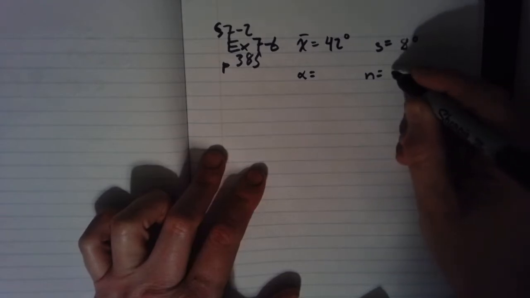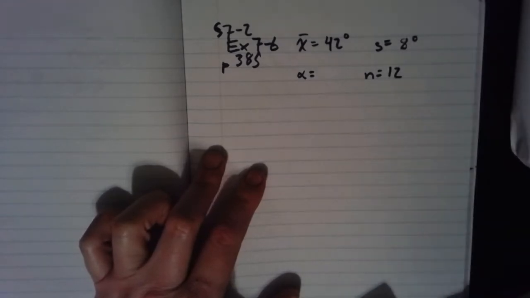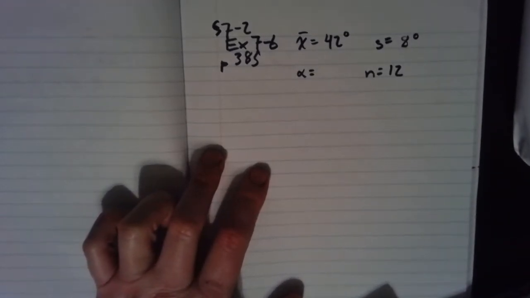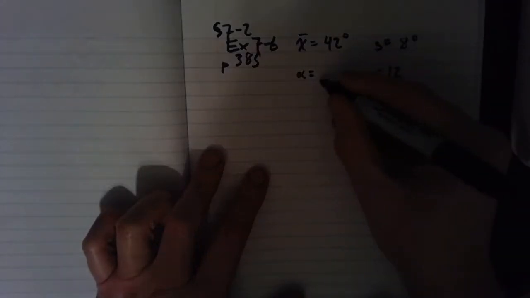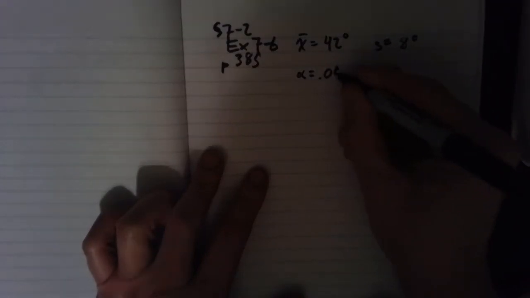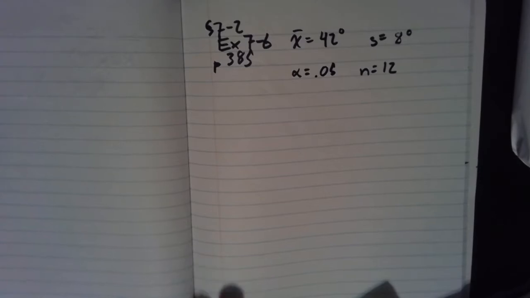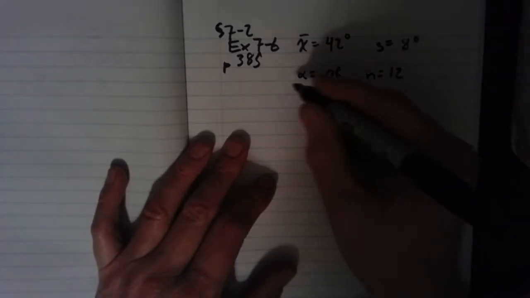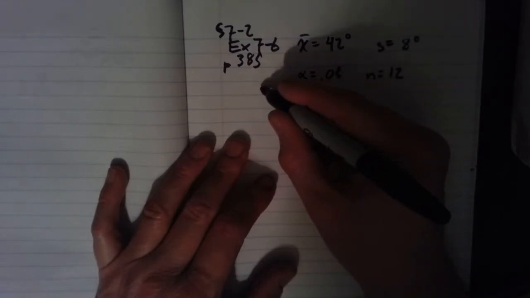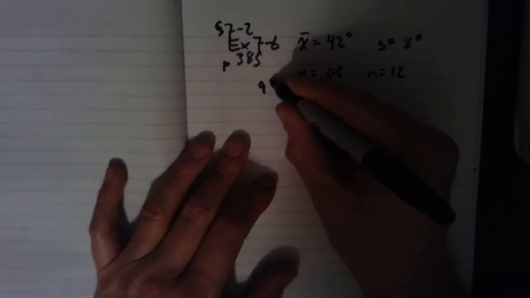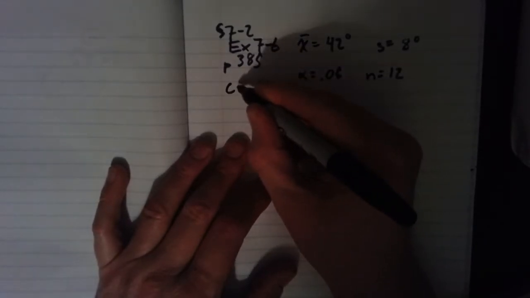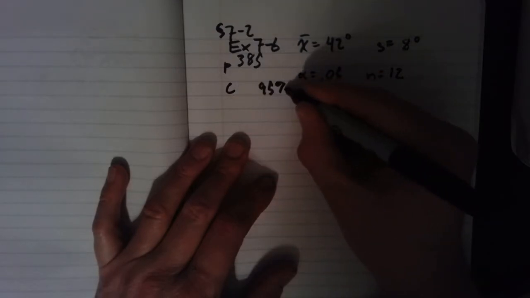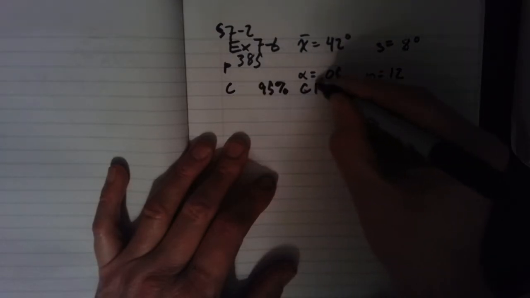The sample size, therefore, is 12. We are told to find the 95% confidence interval, so alpha is 0.05. Or, well, in this case, since we're using the t distribution, we can just say it's the 95% confidence interval.